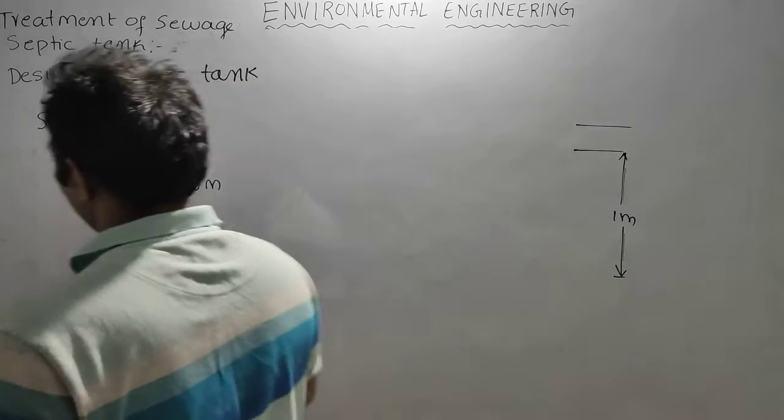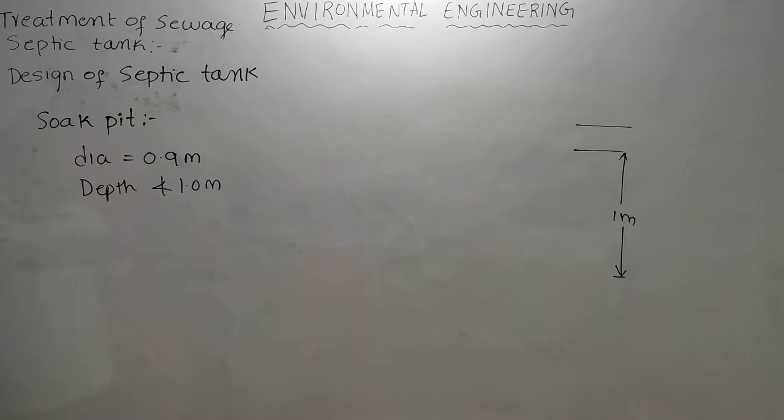The soak pit should have at least a depth of 1 meter. After digging this pit, all the depth will be filled with broken brick bats, a material having adsorption capacity as well as porosity. That means whatever effluent goes in will go into the deep layers of the earth's crust. So likewise generally the soak pit will be present.